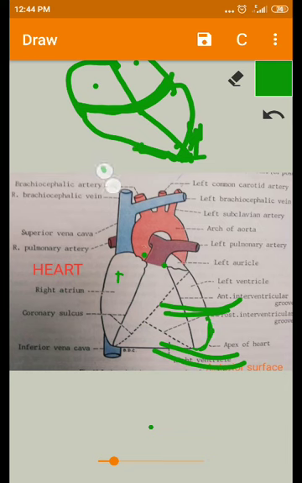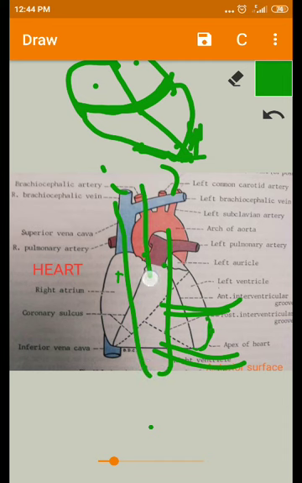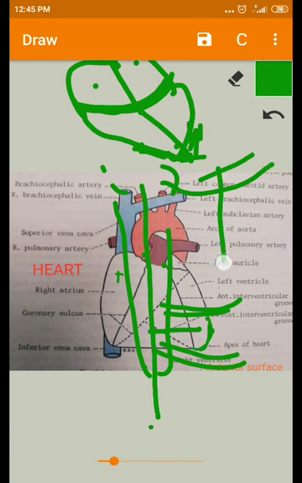If you have the sternum, from the mid-sternal line, 3.5 inches away, the apex of the heart is located, and it is just medial to the mid-clavicular line. The clavicle is there, so the mid-clavicular line.